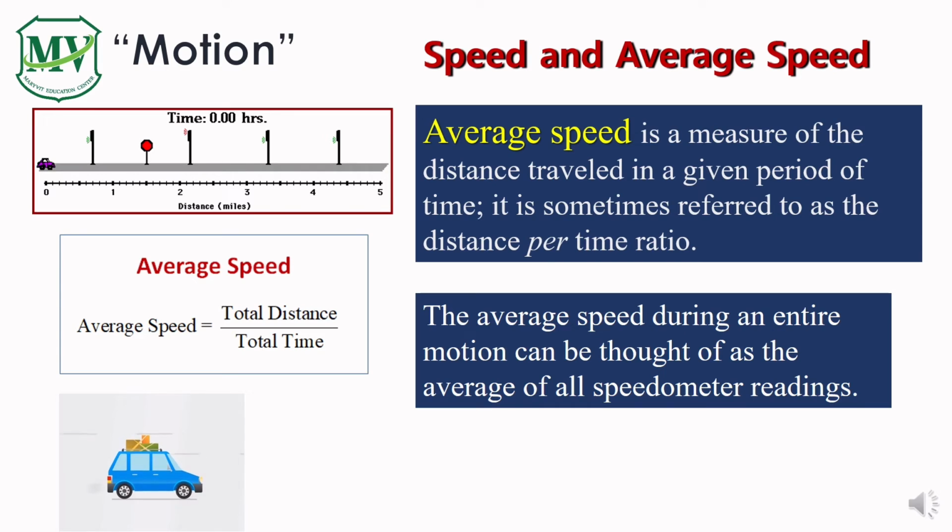How about average speed? If you sum up the entire distance covered by your travel, and then divide it by the amount of time it took you to arrive at your destination, you will get a ratio of distance over time, which translates to your average speed.